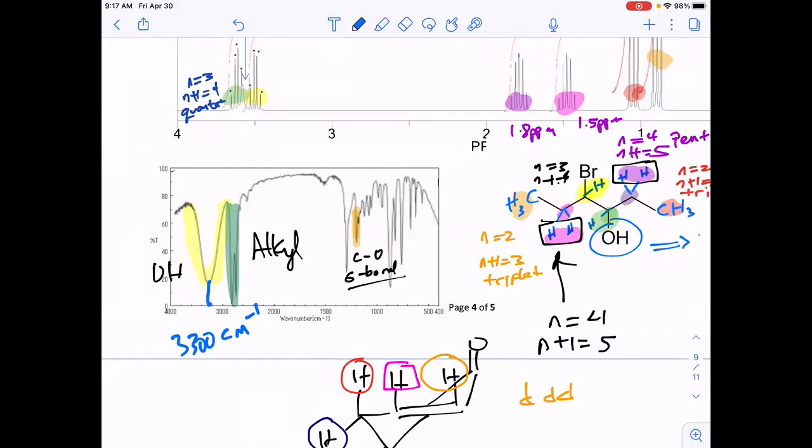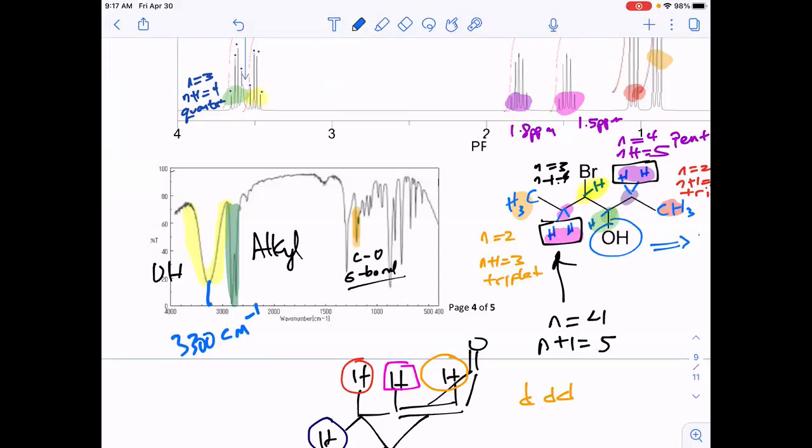When they get hit with this wavelength of radiation, that's what they absorb, and that excites that bond. And because you have a really long chain, there's a lot of stretching going on between those CH bonds. That's why you see the alkyl that's in green.